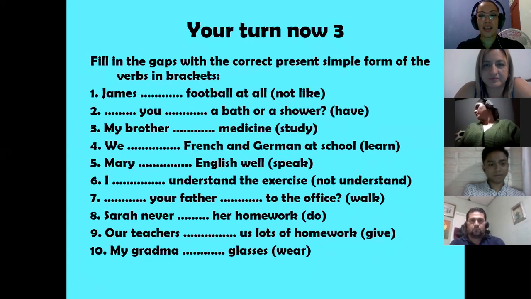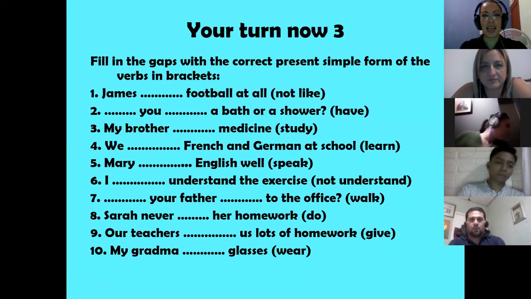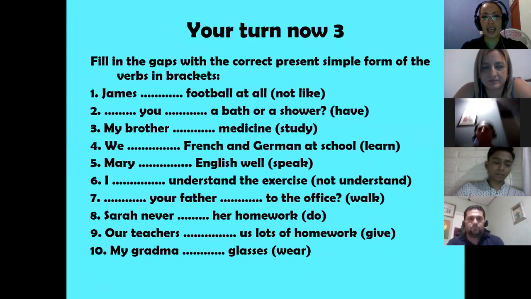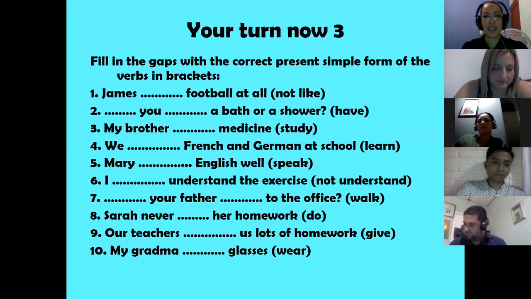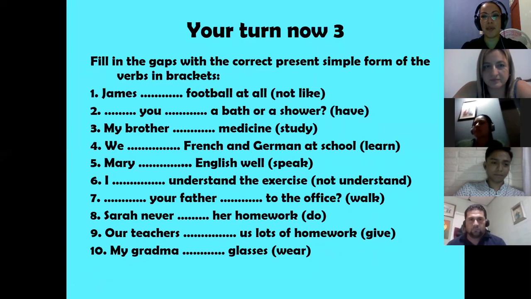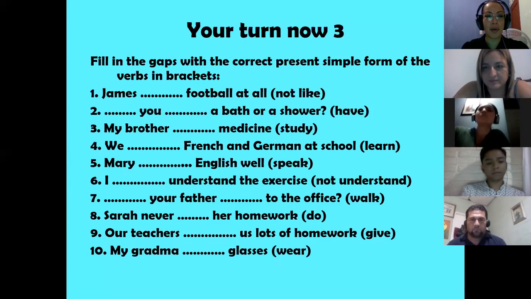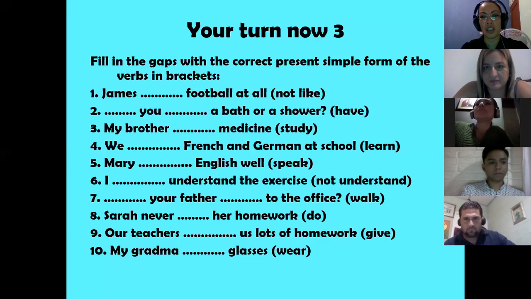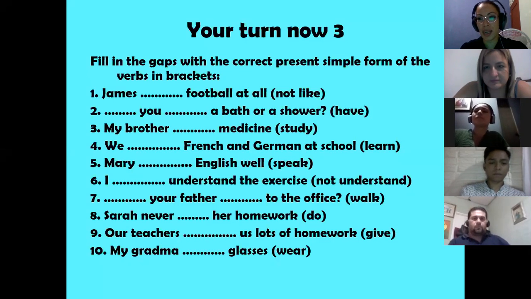Okay. Now it's your turn to complete this exercise. This is a filling exercise. You have to fill in the gaps with the correct present simple form of the verb that you have in brackets. For example, in number 1, James football at all, and you have the verb not like. It means that you are going to build a negative statement using the auxiliary.